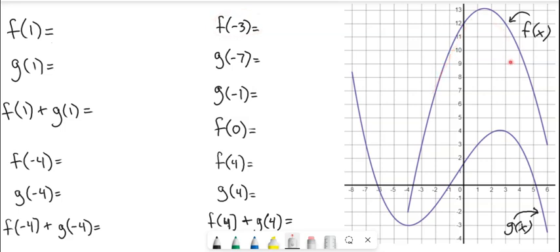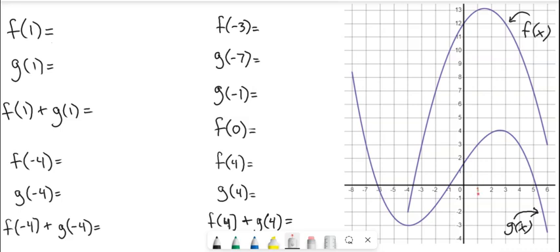Okay, so let's start here with f of 1. When it says the input is 1, we have to go along the x-axis, looking for the number along the x-axis. Here's 1, here's 2, here's 3, here's 0, here's negative 1, negative 2, negative 3. So we want to go to the f curve where x is equal to 1.